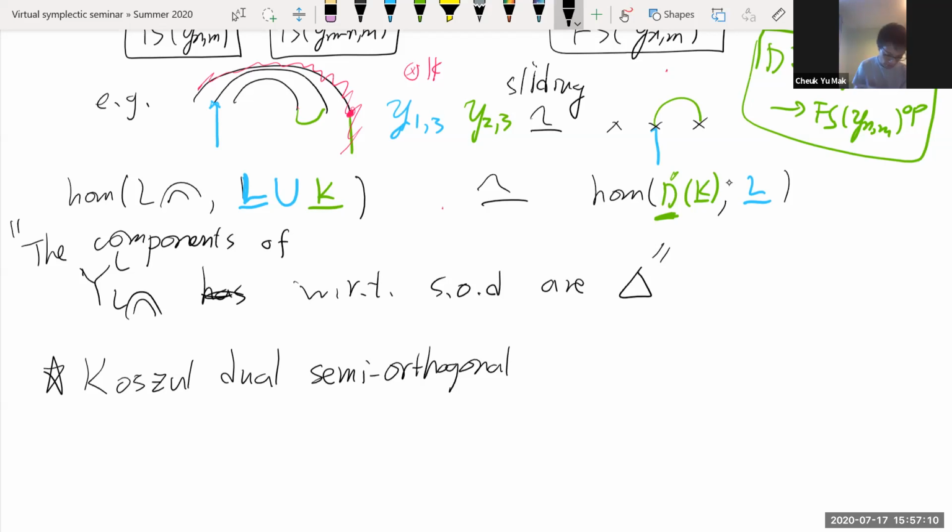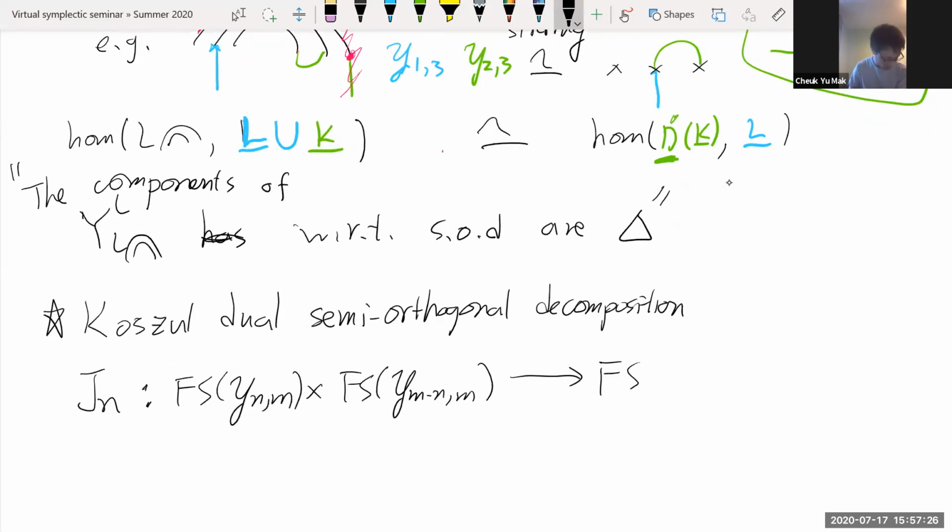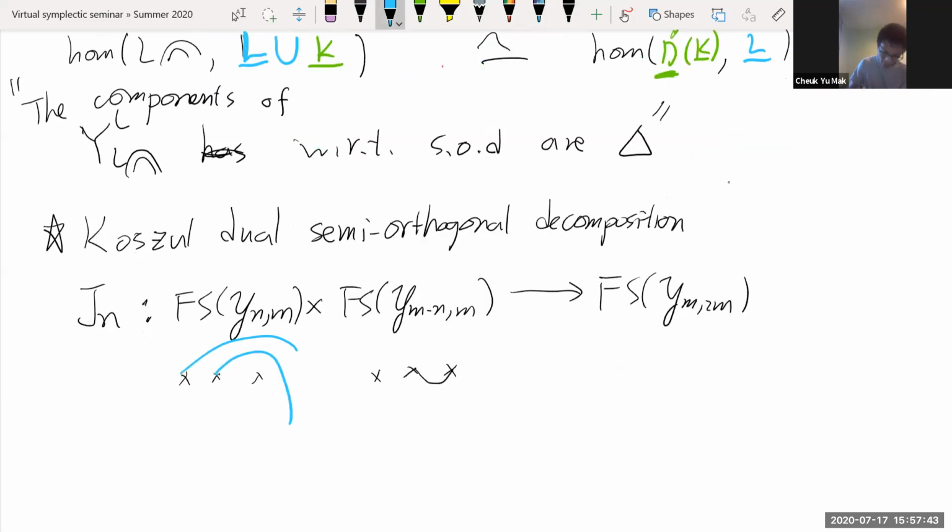So it means that we need to consider another sequence of embeddings, FS YNM cross FS YM minus NM going to FS YM to M. This time, we kind of want to use some upper half matching in some sense, and then it maps to something like this.